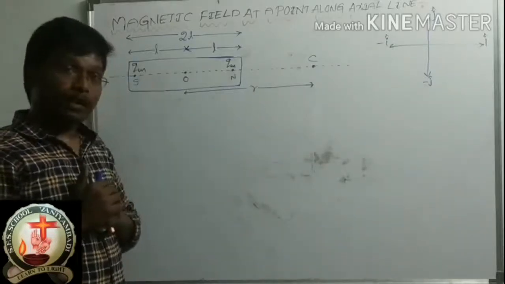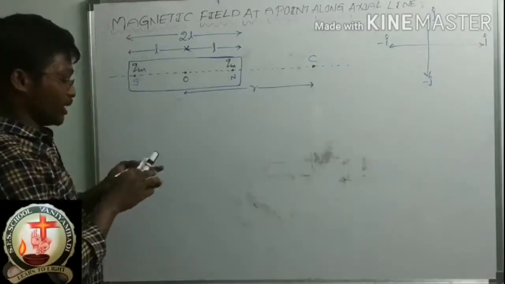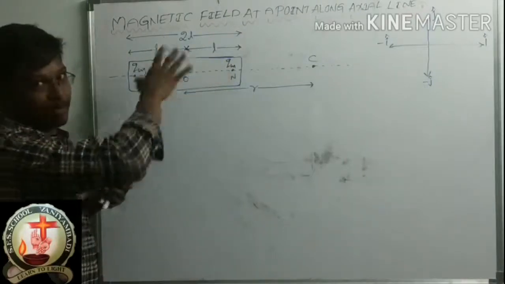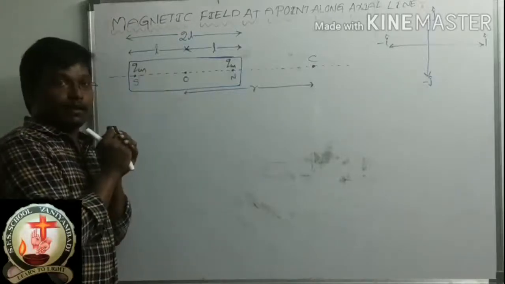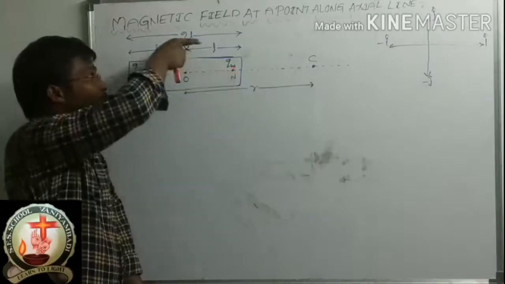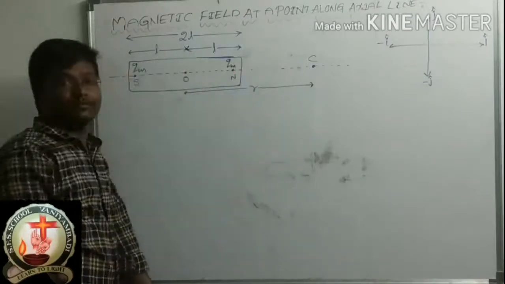Now, let us consider a point C. First you can remember this. Suppose this is our bar magnet. This bar magnet has two poles, south pole and north pole, with pole strength Qm and magnetic length 2L. And this magnet is placed on the axial line.